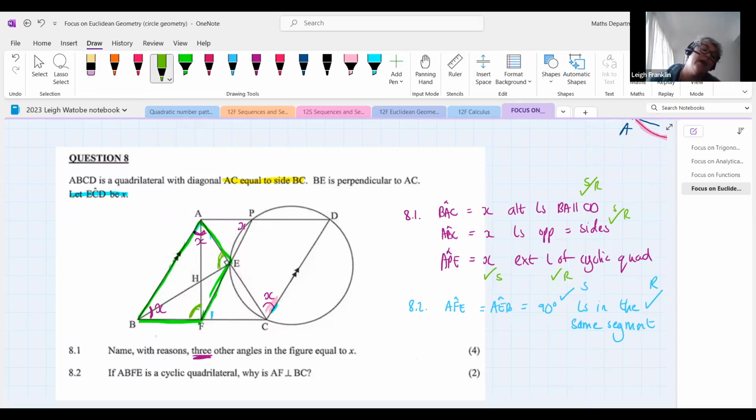They would be angles in the same segment. Okay, Lebogang, I hope that's a little bit easier for you to see now. So if the quad is cyclic and you've got a bow tie inside it, then you can use angles in the same segment. Okay, Lebogang.